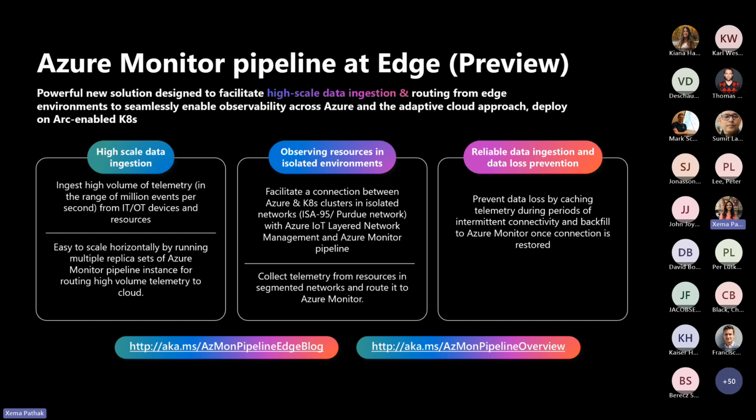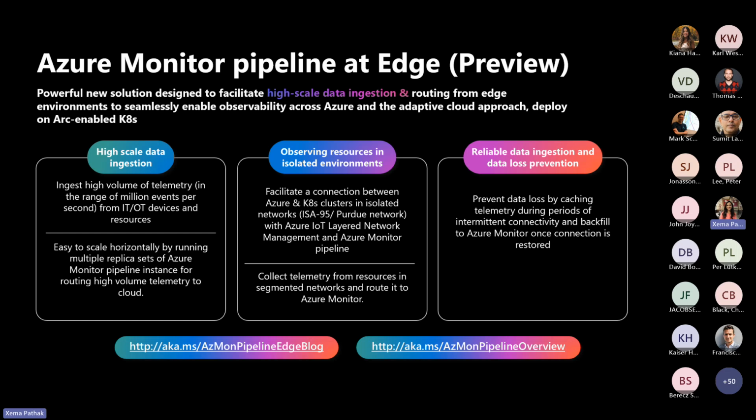Again, coming back to the manufacturing world, there are customers who typically deploy their resources with this ISA 95 Purdue network model. Once you have this segmented network model, your resources lie in particular segments, and they are restricted by the firewall since it's isolated.